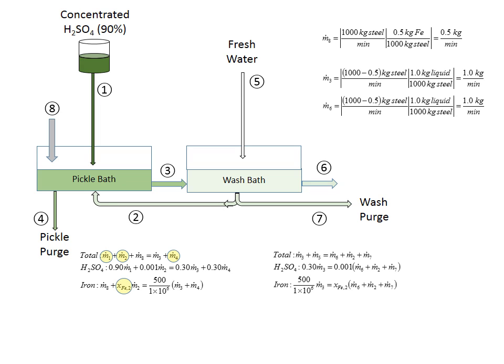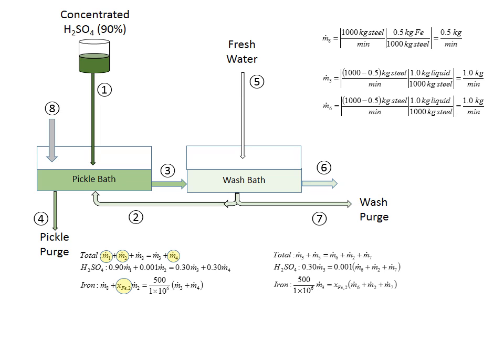Also, an iron balance. Stream 3 contains the only iron entering the wash bath system, and its mass fraction is 500 divided by 1,000,000. Multiply that by m.3. And then leaving is the mass fraction of iron in stream 2, which is also the same concentration as the mass fraction of iron in stream 6 and stream 7.